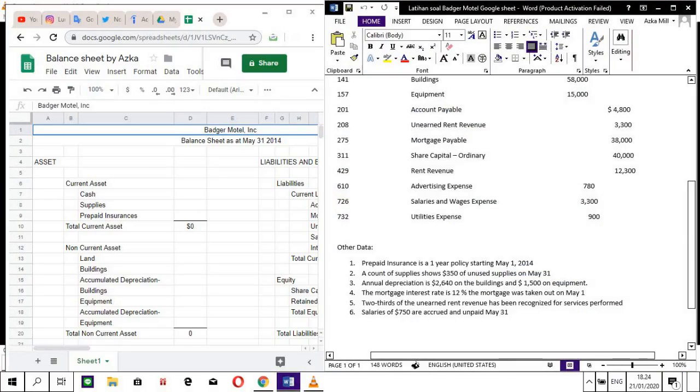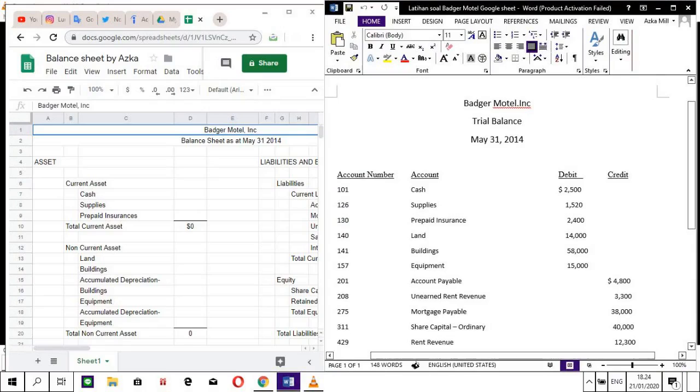So, hi guys, this is my Word document and this is my balance sheet in Google Spreadsheet. I'm going to rewrite these accounts from Word to the balance sheet in Google Spreadsheets.